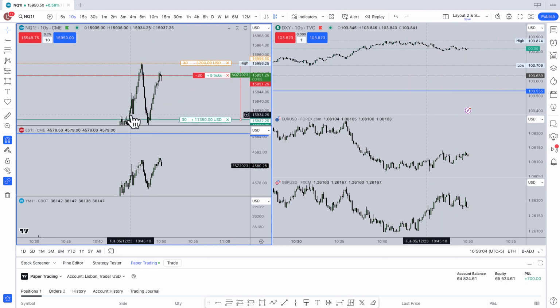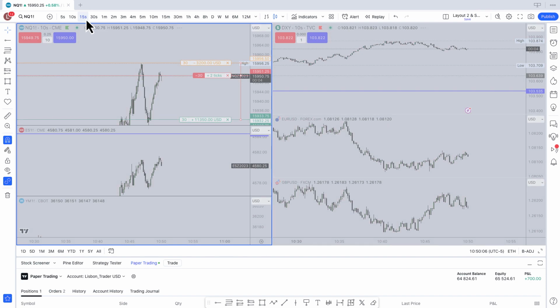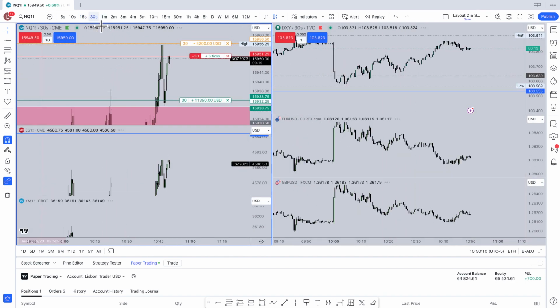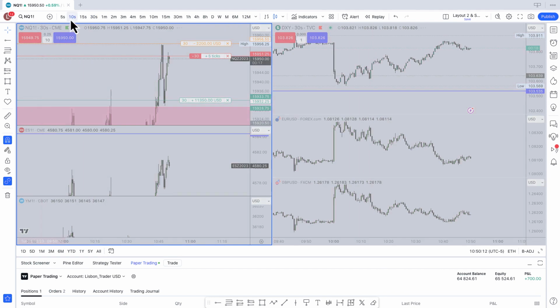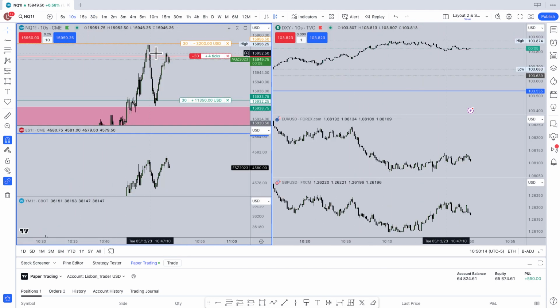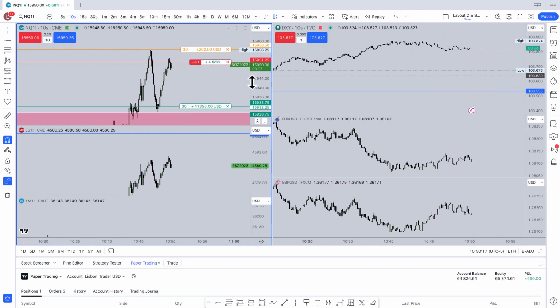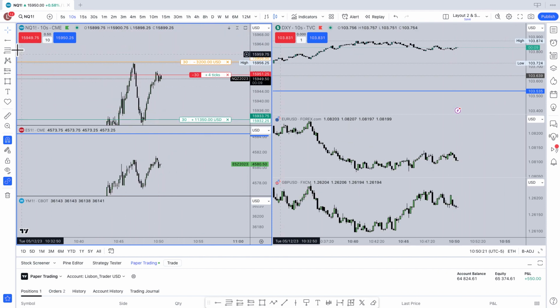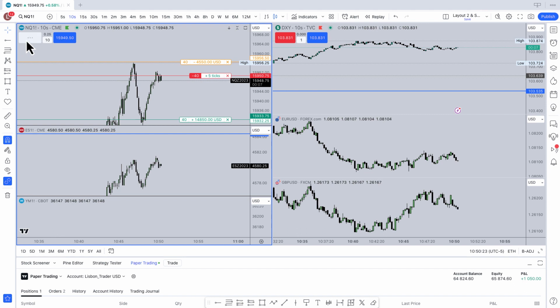So shifting market structure on the 10-second. Came to this imbalance on the 10-second, and I want to risk 10k on this one.